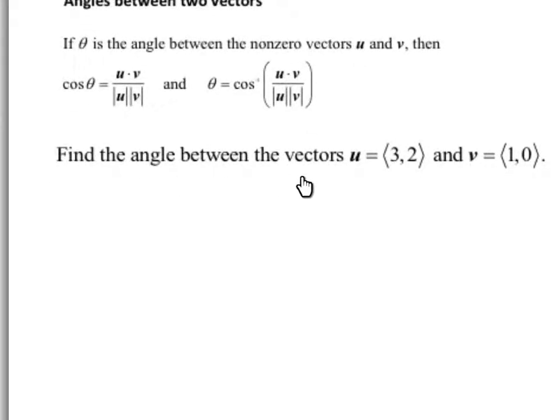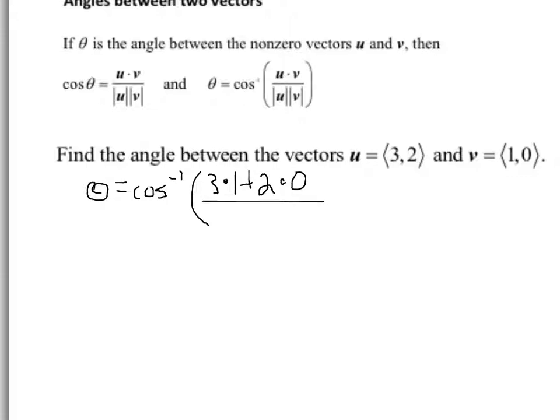It says find the angle between vectors u, 3, 2, and v, 1, 0. So theta equals the inverse cosine of the dot product, 3 times 1 plus 2 times 0, over the magnitudes, the square root of 3 squared plus 2 squared times the square root of 1 squared plus 0 squared.